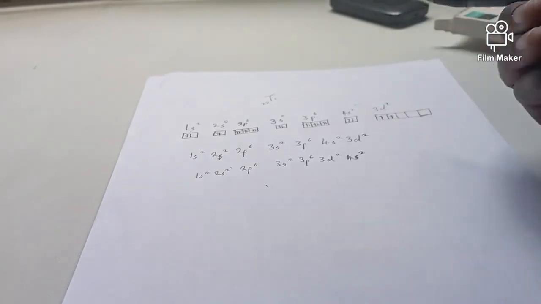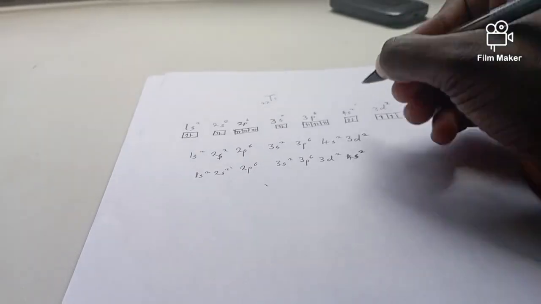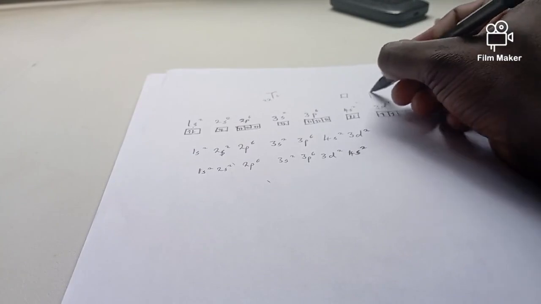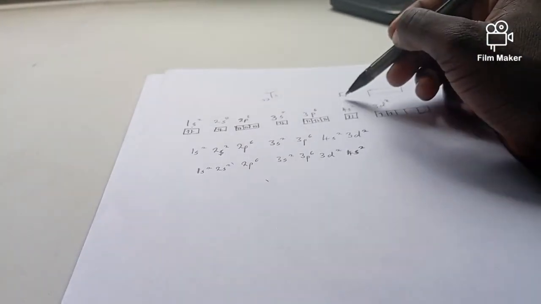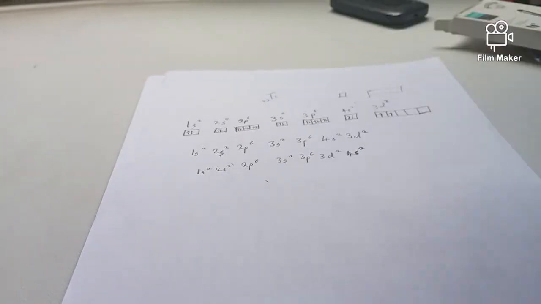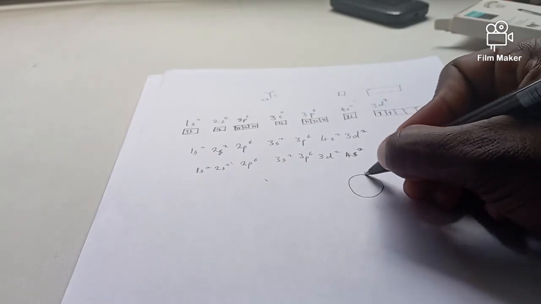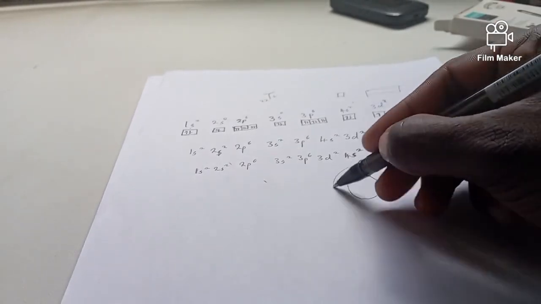Now, when it's unfilled, the 4s has a lower energy level than the 3d. Let me put it this way: this is the 4s, and that's my 3d.